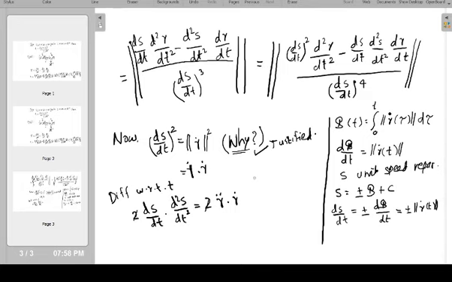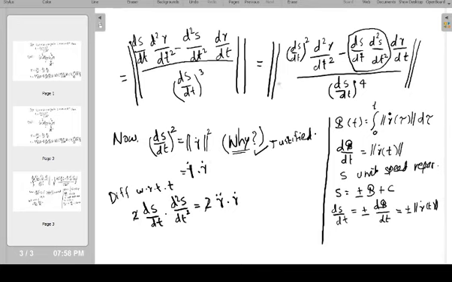So let us substitute here. And what is ds by dt whole square? It is here.